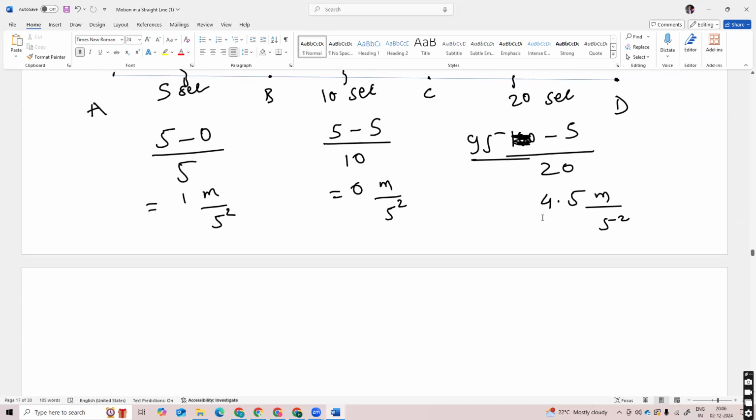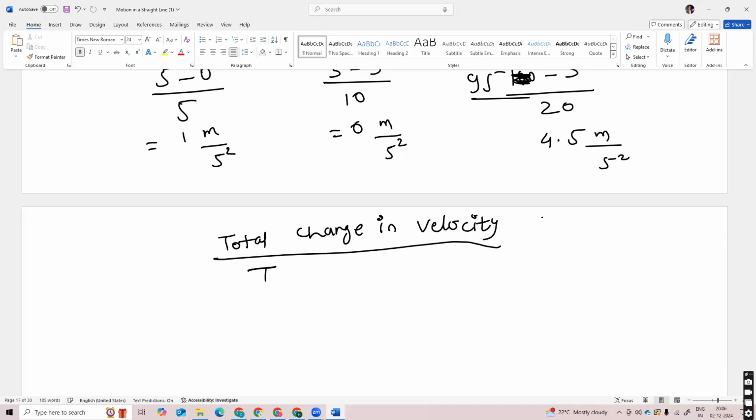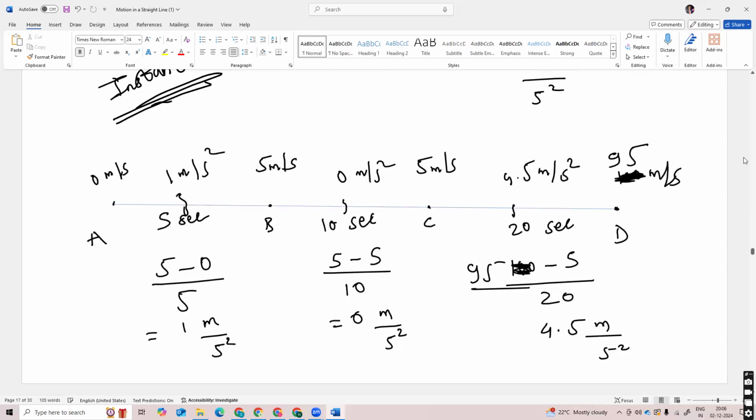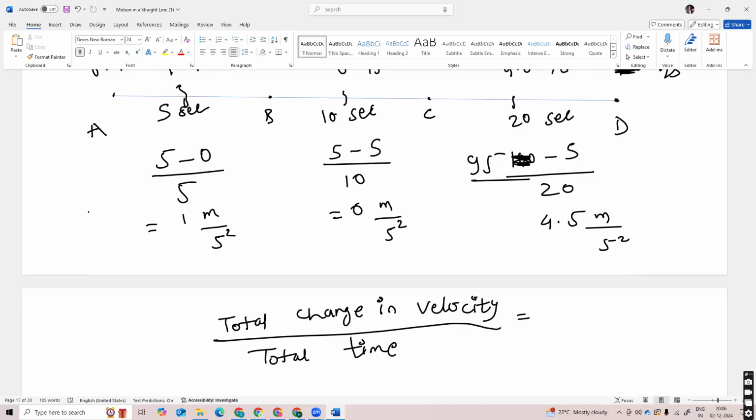Whereas if you see the average acceleration, you can write it as total change in velocity divided by total time. Total change in velocity in this case is final velocity 95 minus initial velocity 0.